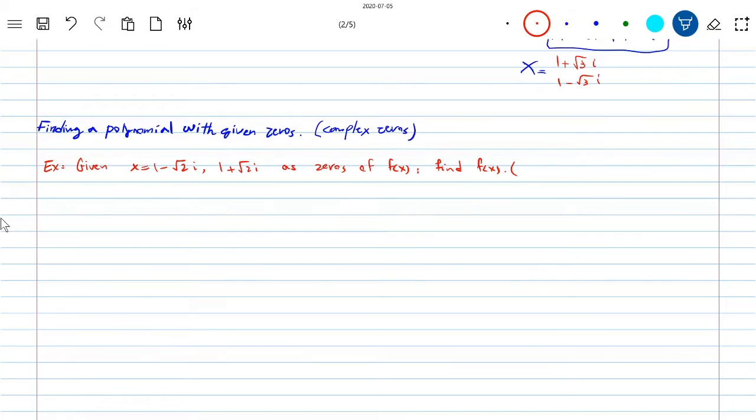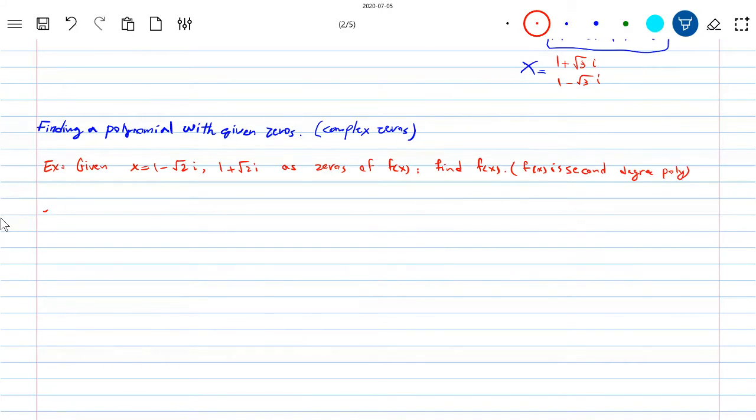And let's assume f of x is a second degree polynomial with leading coefficient 1.